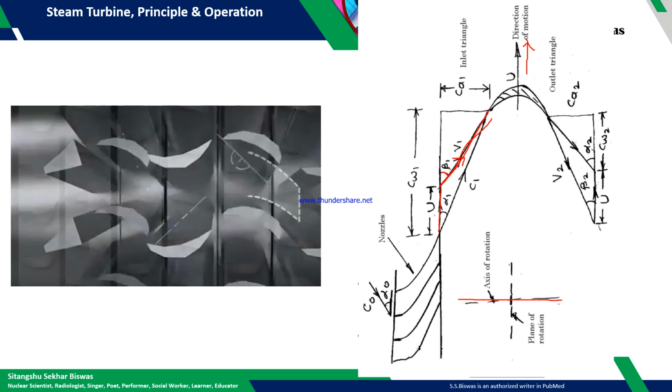Then for these two vectors, let me draw. The blade is moving with this velocity, this is that vector, and from here this is the steam jet velocity while it is entering the moving blade.